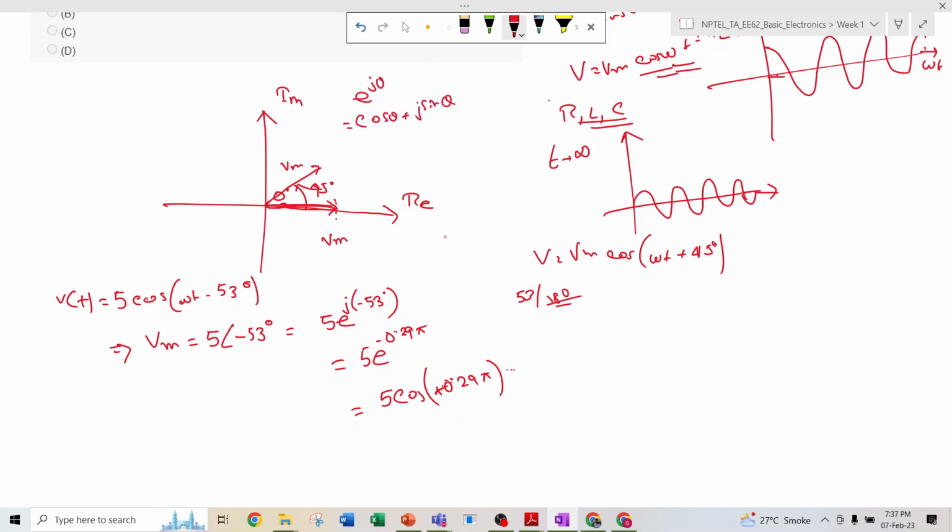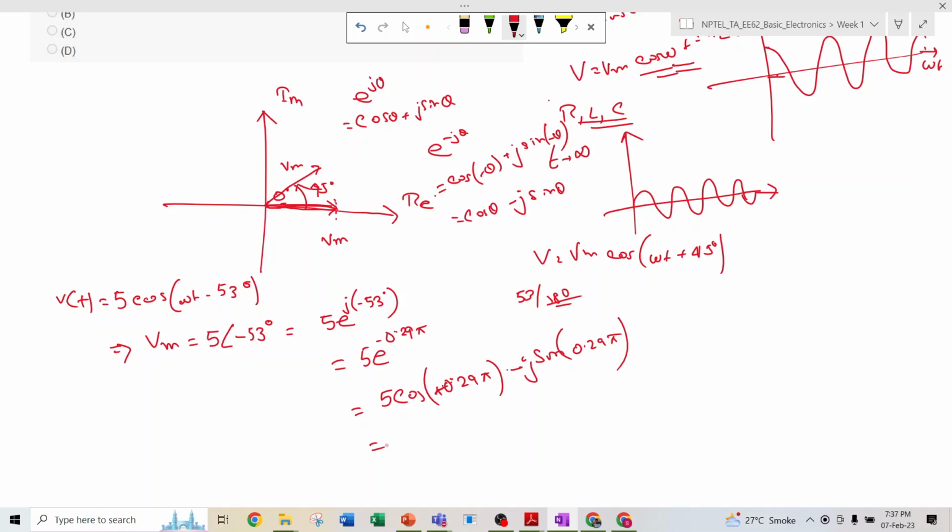And e to the power minus j theta can be expanded as cos of, instead of theta you just put minus theta, so cos of minus theta is basically cos theta, and it will be minus j sin theta. So 5 into cos 0.29 pi minus j sin 0.29 pi. So you calculate this thing.